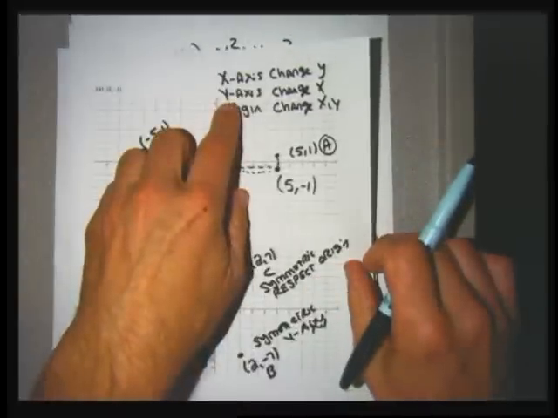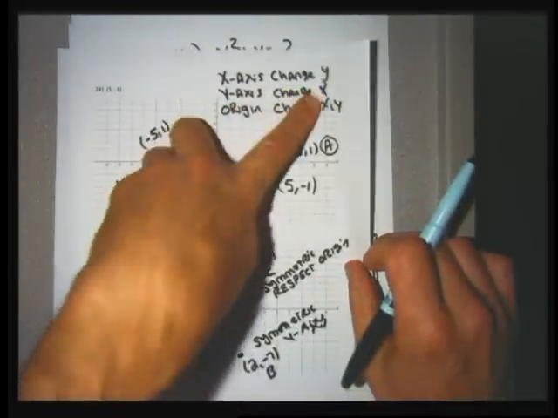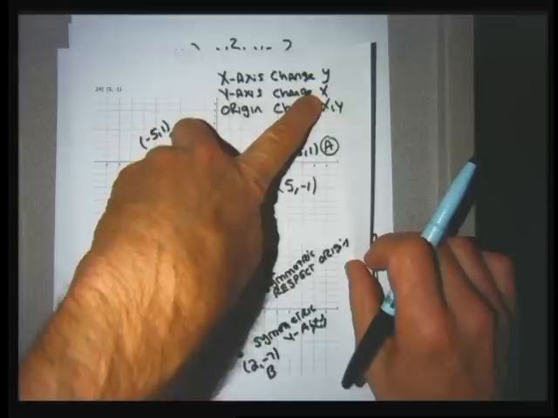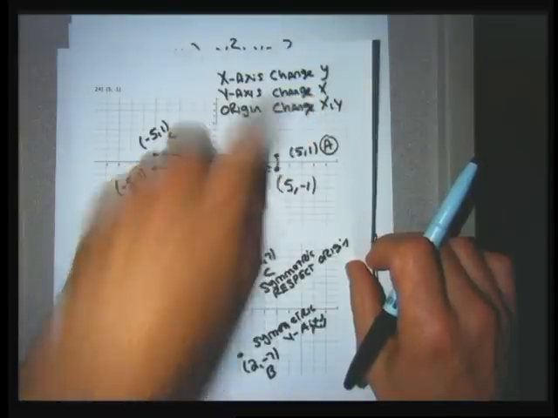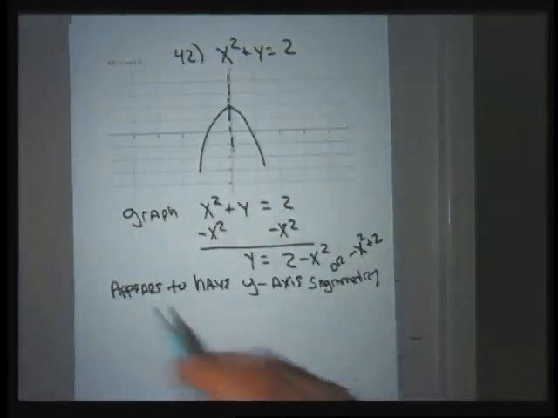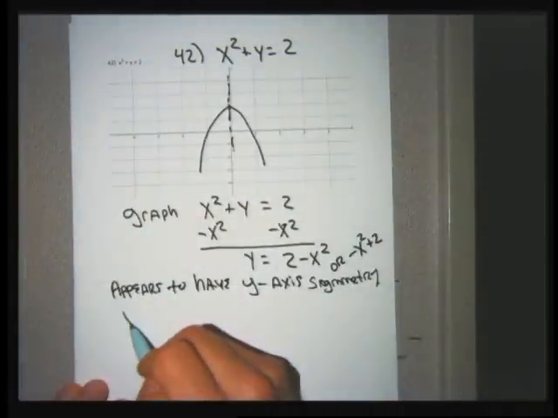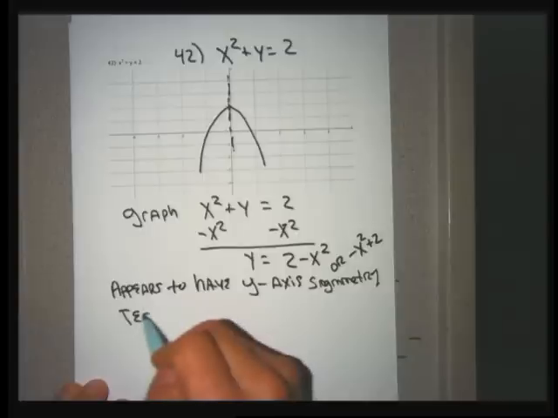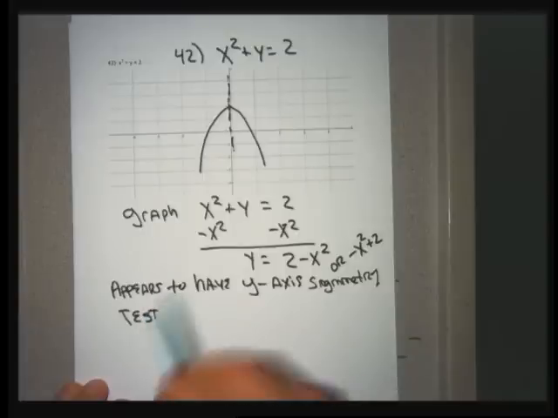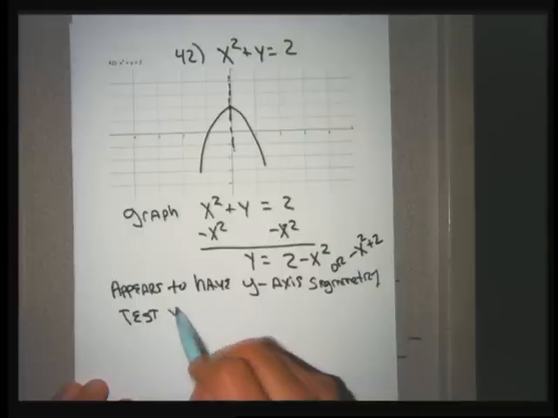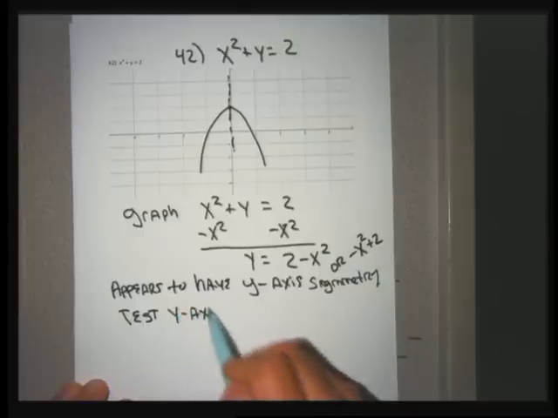So the algebraic check to see if something has y-axis symmetry is I need to change the x to negative x and see if it reduces to the original problem. If when I change x to negative x it reduces to the original problem, then it has that symmetry. So it's a test for y-axis symmetry.